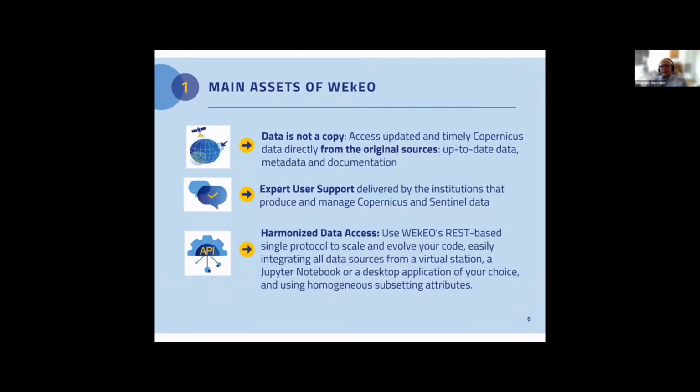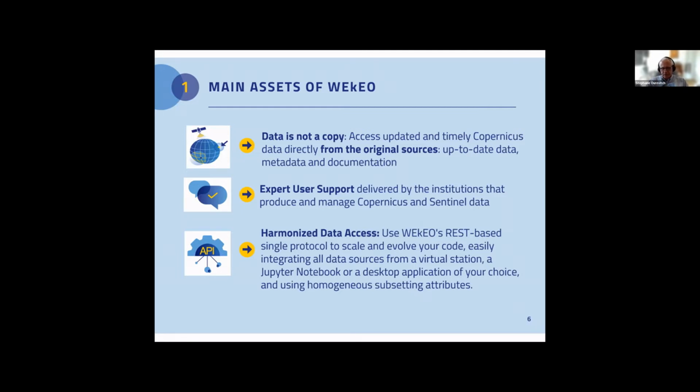The main assets, as I said earlier: it's not a copy, it's the original. This expert support is obviously very important, and also a completely harmonized data access that ensures the seamless availability of the data throughout the product and information catalog of Copernicus. And I'll come back to it, some Jupyter notebooks, desktop.